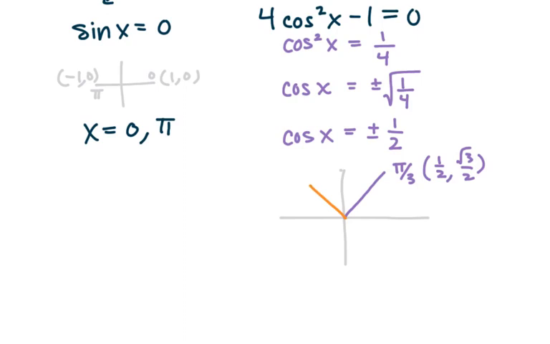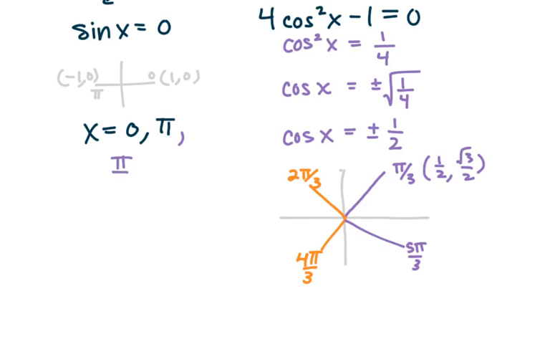So we've got 2 pi over 3, 4 pi over 3. Those both give me those negative 1/2 values. And down here at 5 pi over 3, I'm going to get a positive 1/2 value for cosine. So adding these 4 values to my list, I'm just going to come up here and draw a comma.